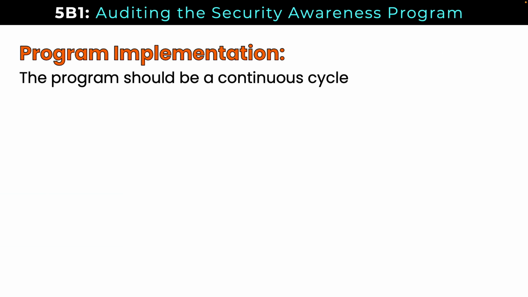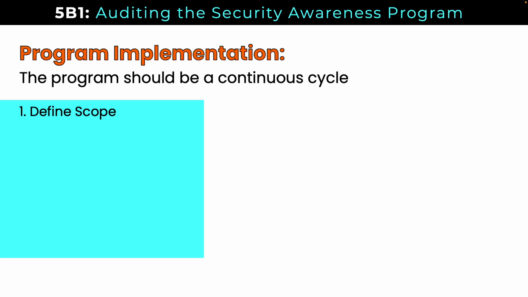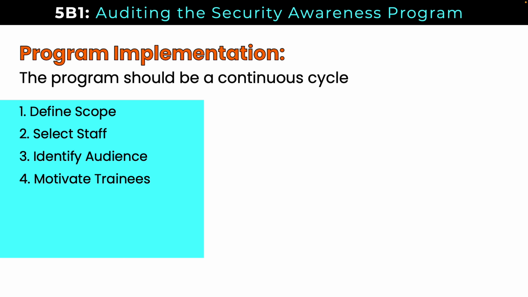So program implementation should be a continuous cycle. We define the scope, we select the staff, we identify our audience, we motivate our trainees, administer the program. Motivating trainees: if they're not excited about awareness training or job-related training, they need to understand its importance.